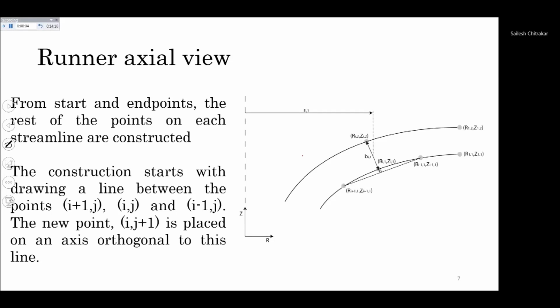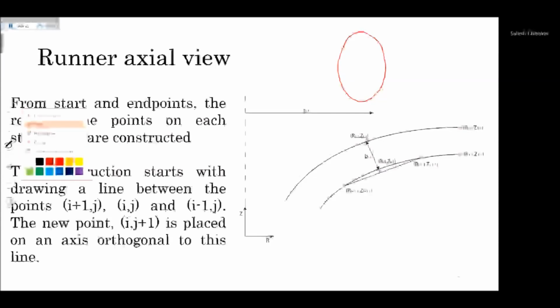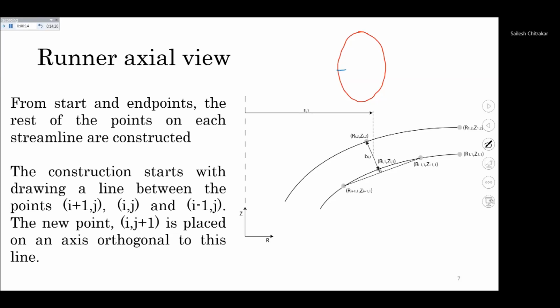And after we have the endpoints, in the case of the ellipse, for example, this is our ellipse, then we'll have to cut it somewhere. I will also show you the code later on. So we'll have to cut it somewhere, and then we will have our curve of the shroud. And after we have this curve, we can develop other curves as well just by integrating these curves together.